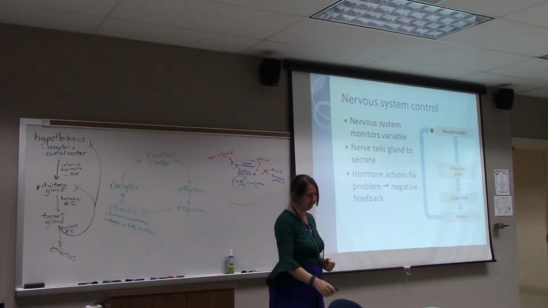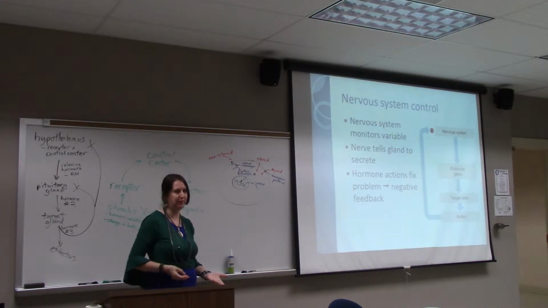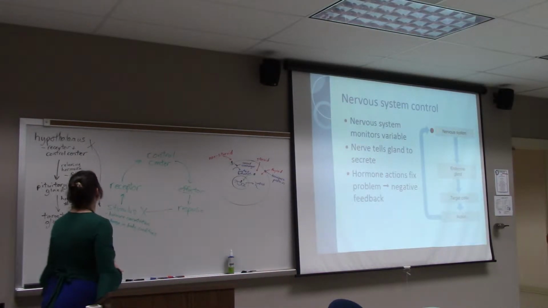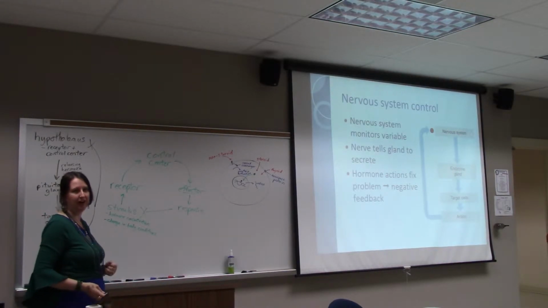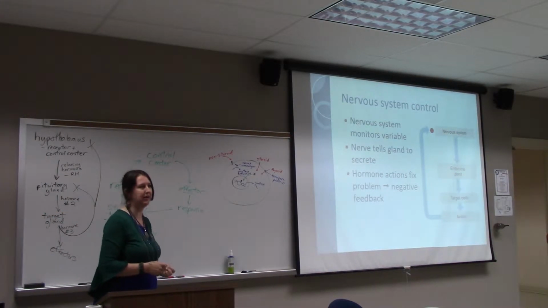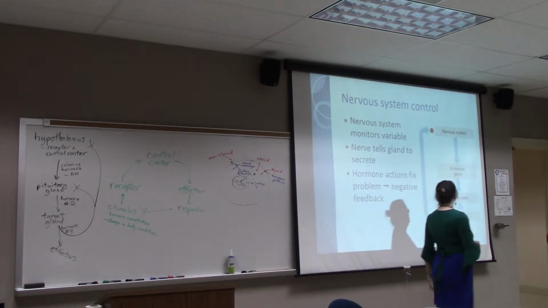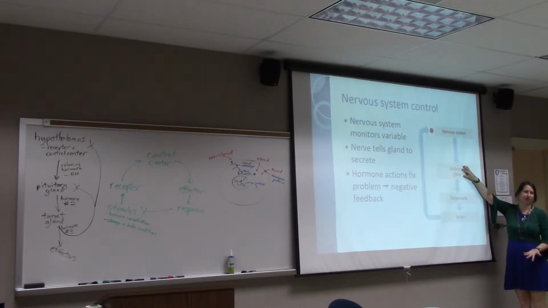With the nervous system, we have some structure in the brain, usually, that monitors the variable. And sometimes that's the hypothalamus, too. Other times it's the medulla oblongata. Those are the two most common. And then neurons take a signal to the gland and tell it to secrete.